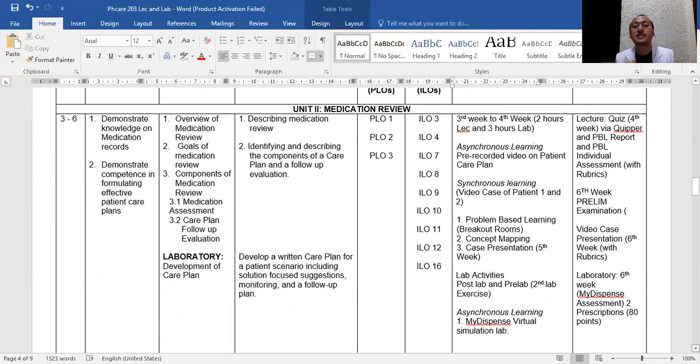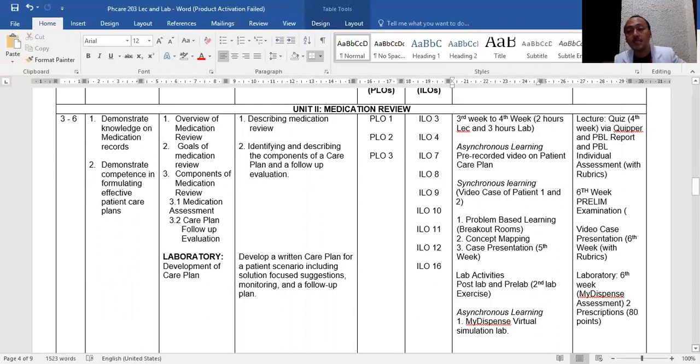So what then are the assessments? The assessments are the following. In week number 4, take note, the fourth week will have quizzes via Creeper, and the problem-based learning will be on the third week and the fourth week also. There will be a report given to me so that you will be assessed, and also a PBL individual assessment with the rubrics that we're going to follow.